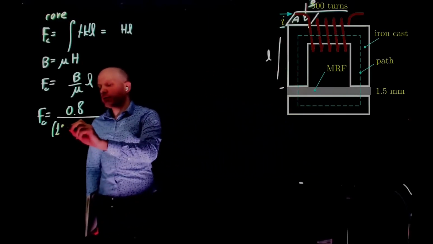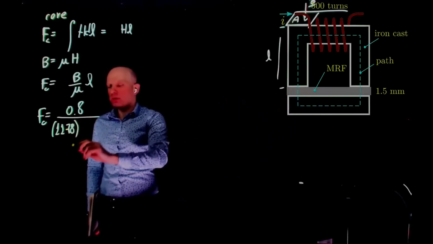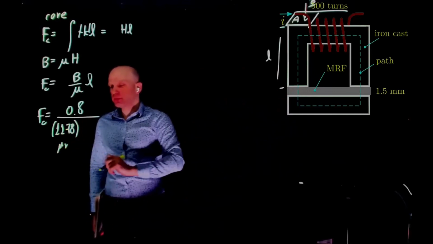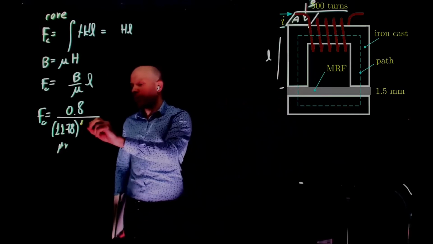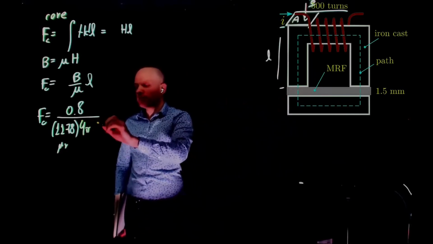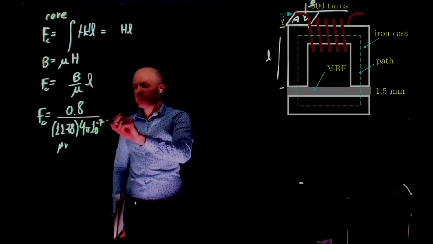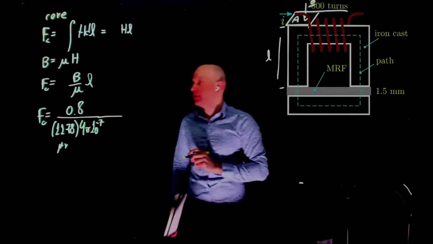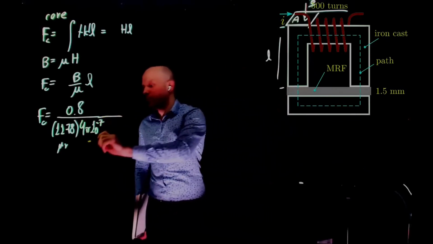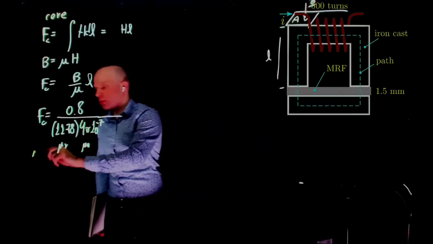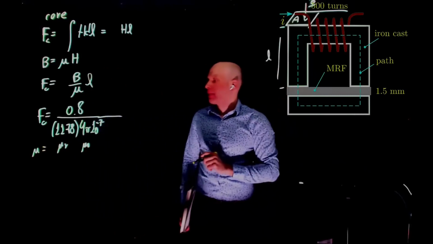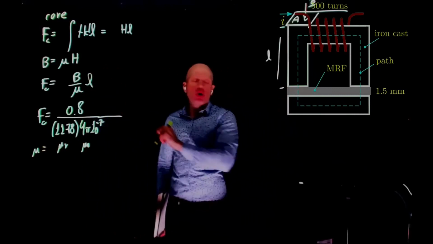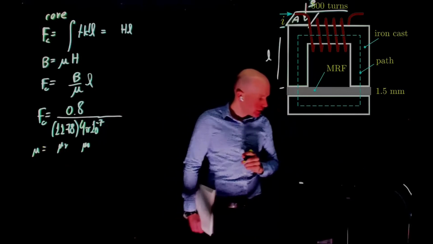So 1178, this is again mu R times the permeability of the vacuum, 4 pi 10 to the power of minus 7. Right, this is mu 0, and this is mu. And times the core length, which is 0.36 meters.